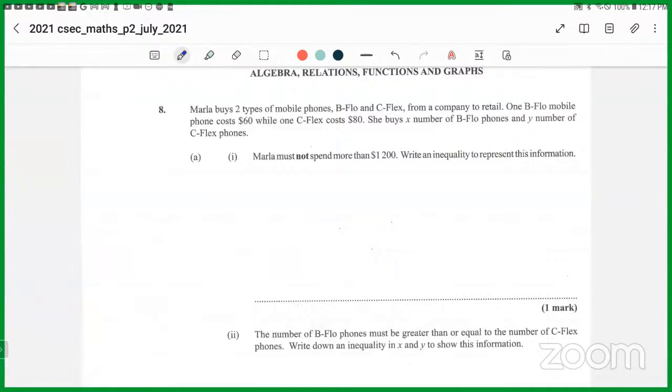It says, Marla buys two types of mobile phones, B flow and C flex. We're just going to call them B and C for simplicity. So B phones and C phones from a company retail. It says one B phone costs $60. Let's write it down here. So you have B and you have C. In terms of cost, the B phone is $60 each, and the C phone is $80 each.